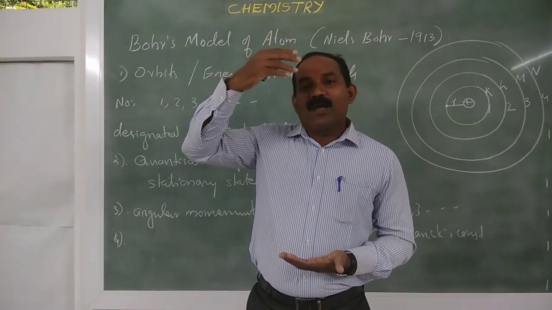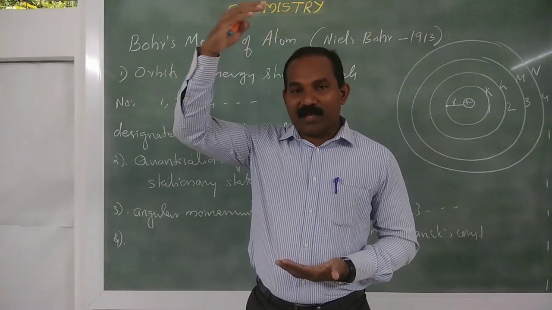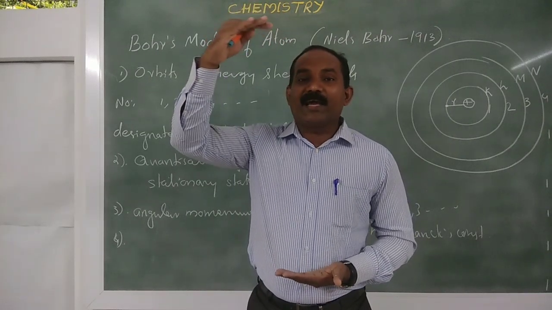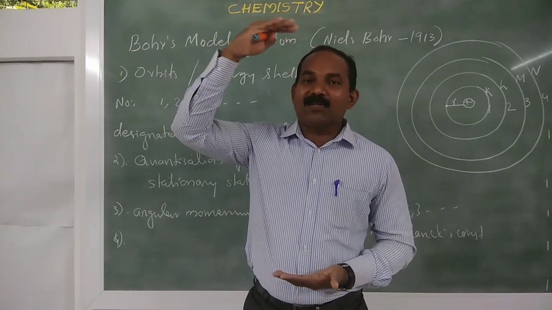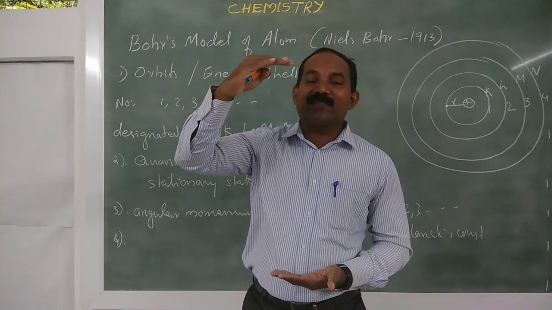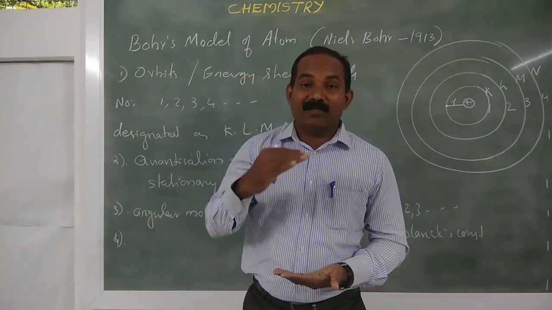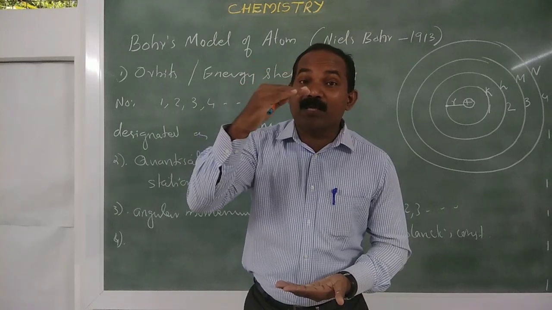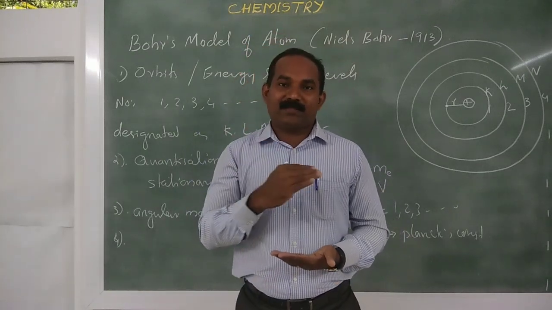And if the electron at a higher energy shell or higher orbit emits energy, it returns to the lower levels, or jumps into the lower levels.